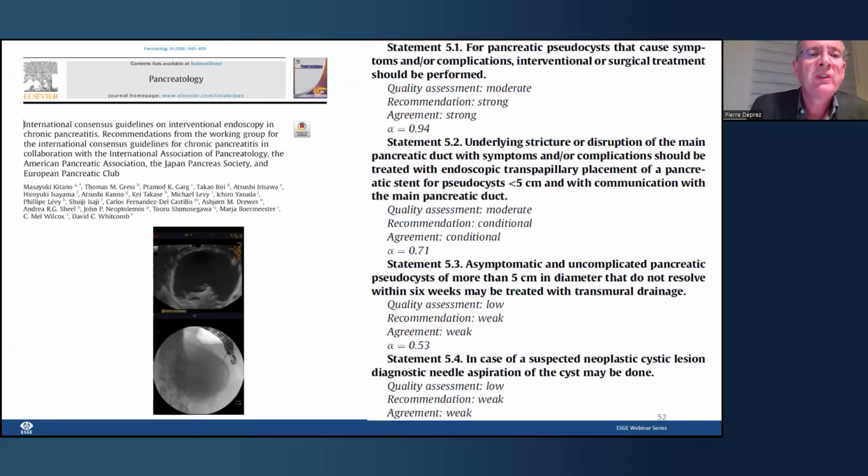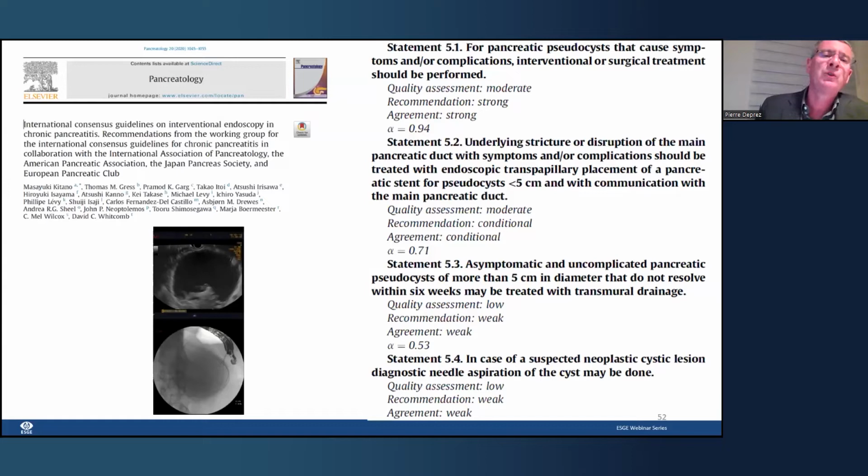You see statement 5.3 about asymptomatic and uncomplicated pancreatic pseudocysts of more than 5 centimeters in diameter that do not resolve within 6 weeks after the attack of chronic pancreatitis or acute pancreatitis. They may be treated by transmural drainage.